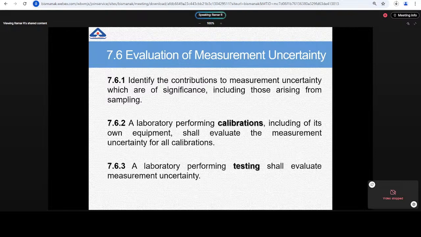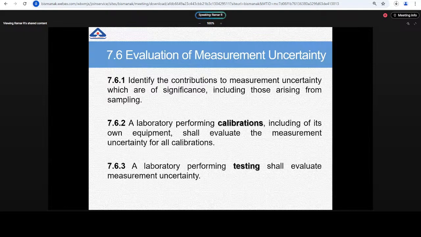For the qualitative parameters, it is not applicable. Only for the numerical value, wherever you are giving, that is enumeration or MPN in the case of microbiology. So those areas only we have to evaluate the measurement uncertainty for our testing activities, and also for calibration activities. Also, we have to measure the uncertainty.